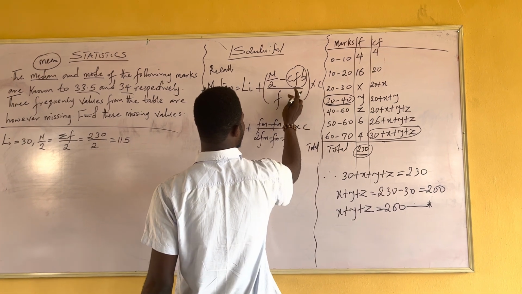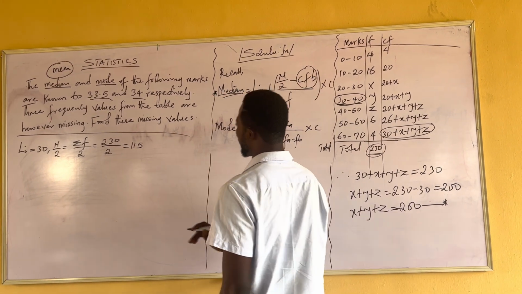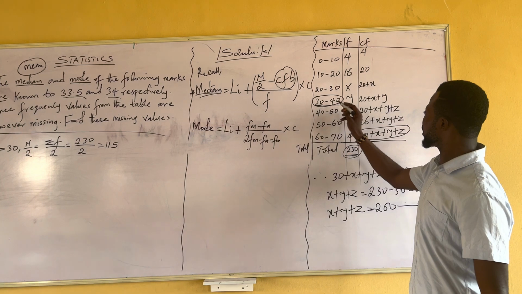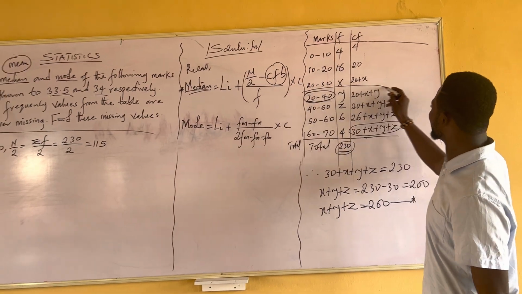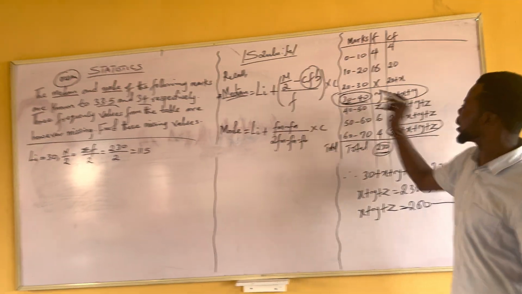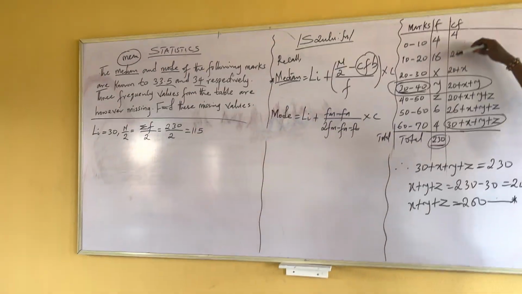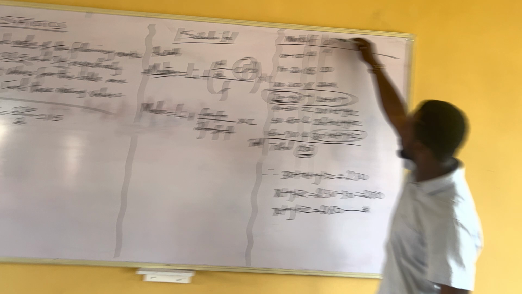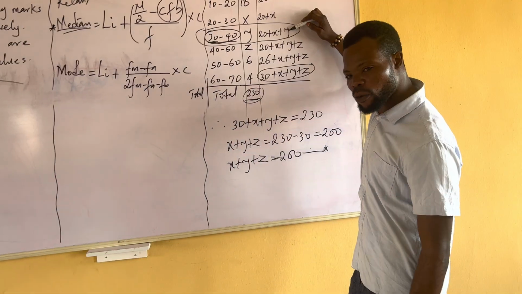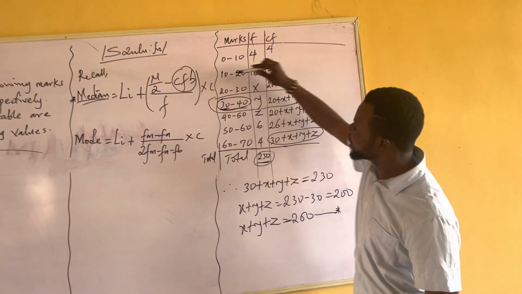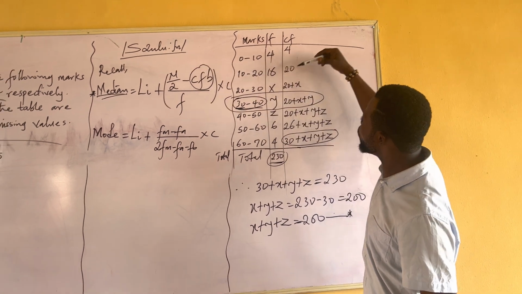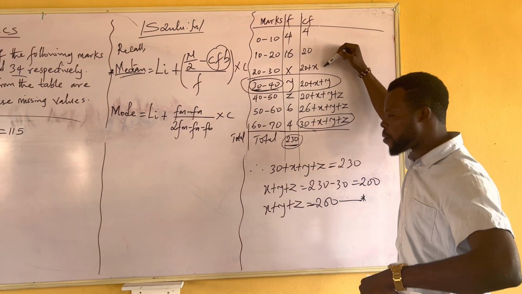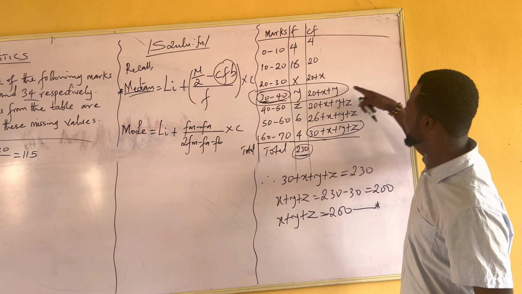Then the cumulative frequency before. So far, this is our class mark. This is the median class. This is the frequency of the median class. Under the cumulative, this is the cumulative frequency of the median class. CFB means cumulative frequency before the median class.